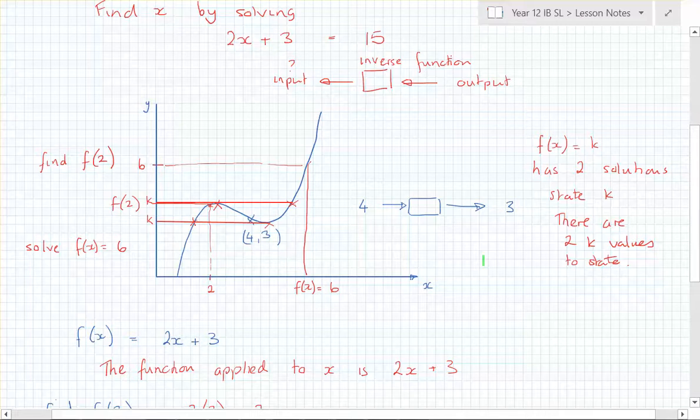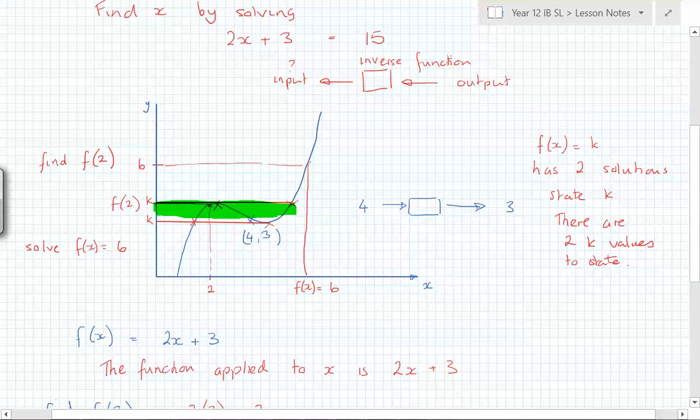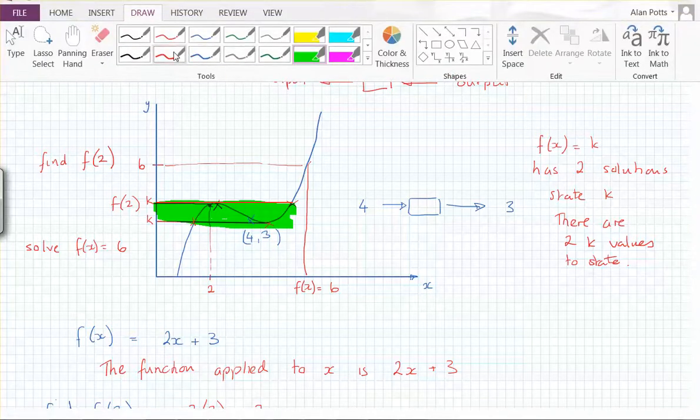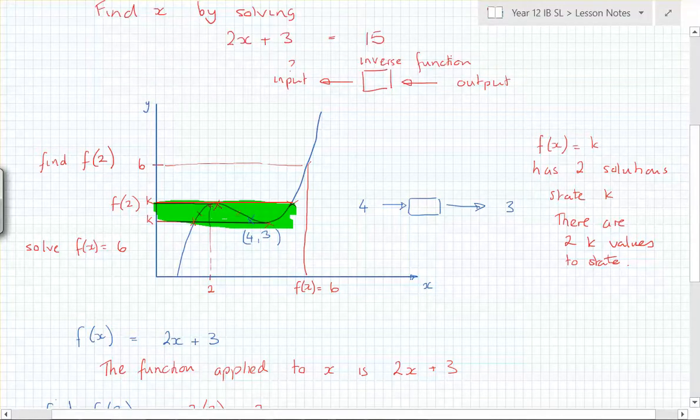I've said how many solutions will there be between the 2 values of k. So I'm looking in this region, between those 2 values of k, how many solutions will f of x equals that value give? 3, because it will cross the line 3 times. So it'll be once, twice, 3 times, anywhere within those regions.